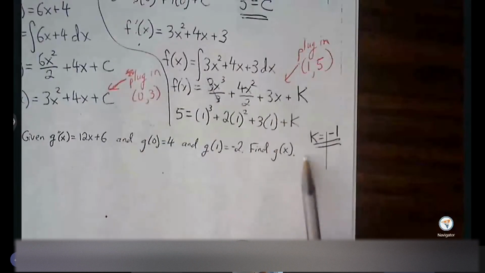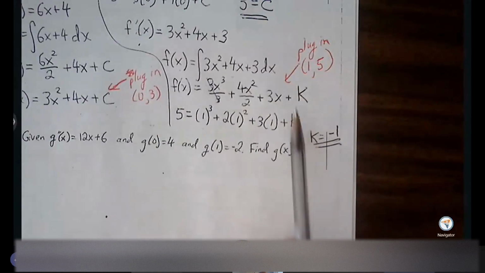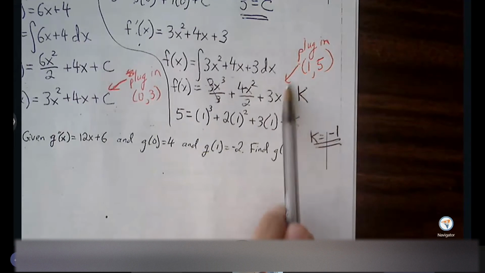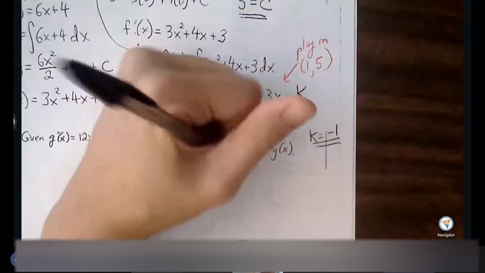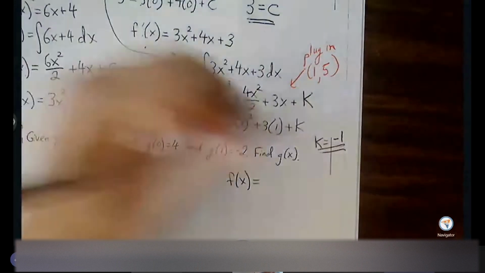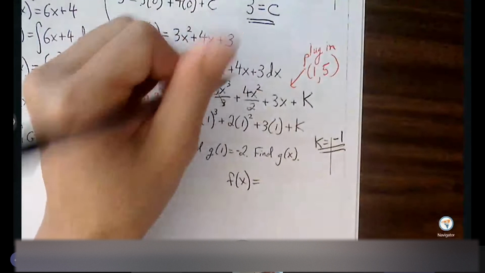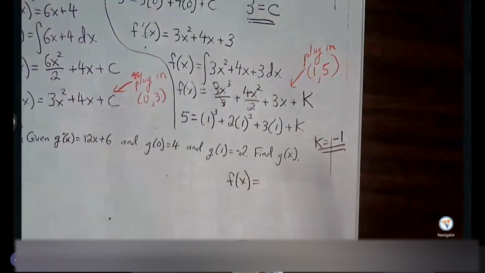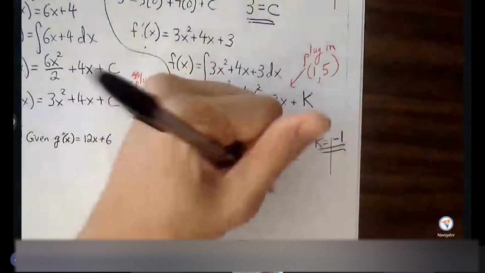So now that I have a k value that's -1, I can go ahead and replace k with -1 and update my general equation to a specific equation. I'll put this down here. All right, so -1, yeah, so x cubed.